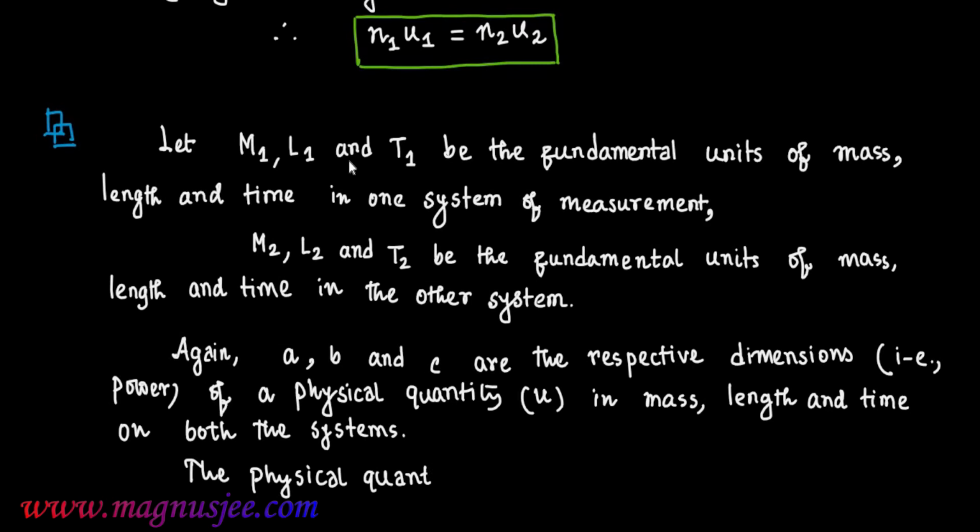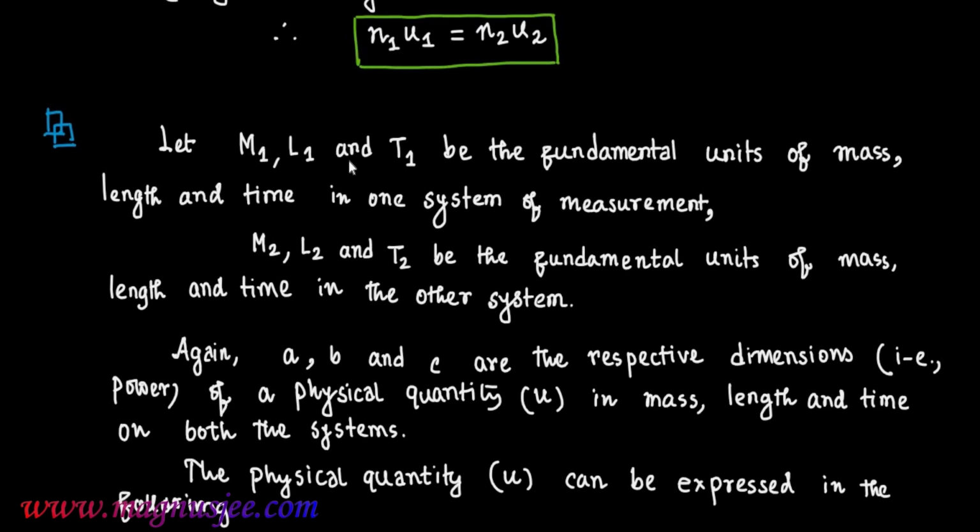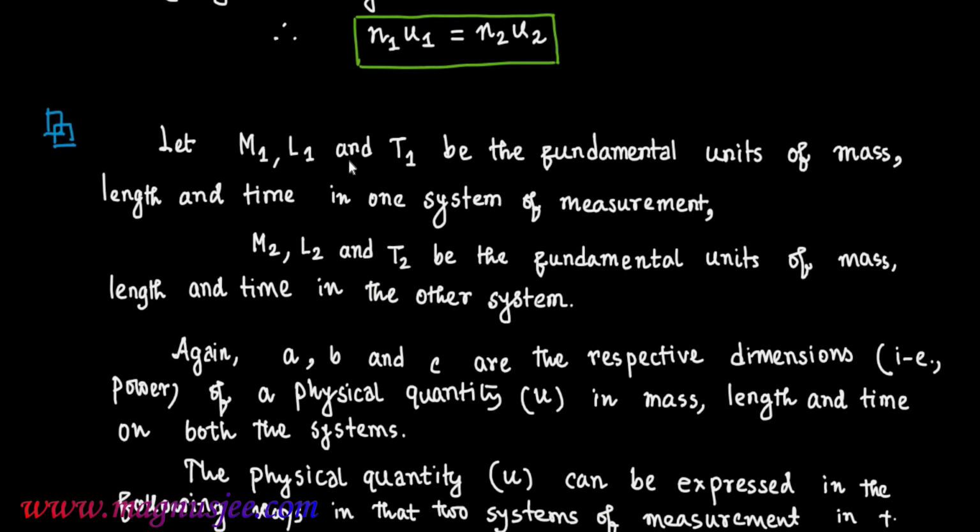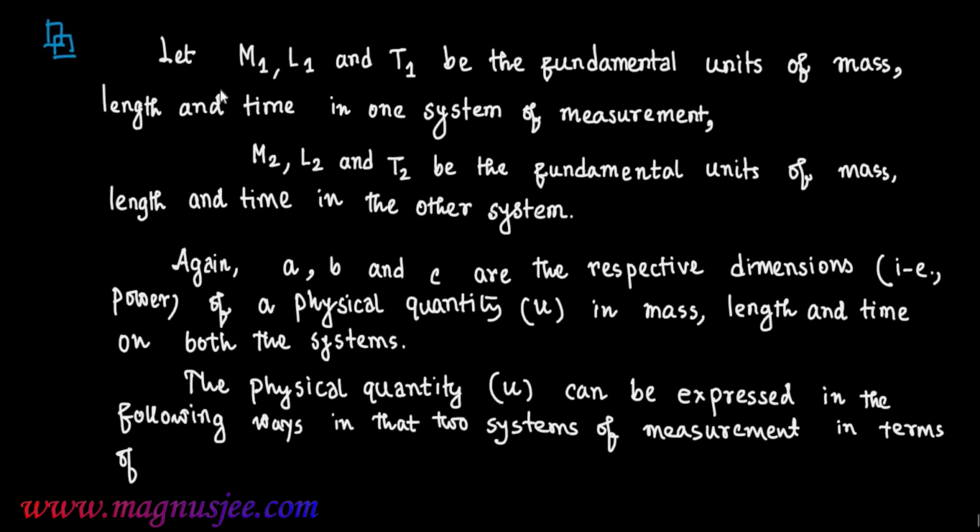The physical quantity u can be expressed in the following ways in those two systems of measurement in terms of mass, length and time.